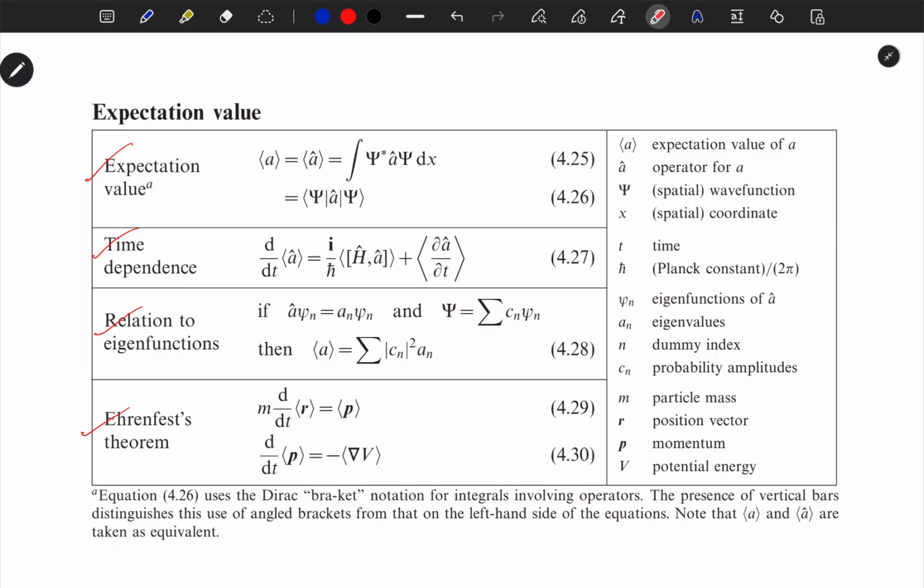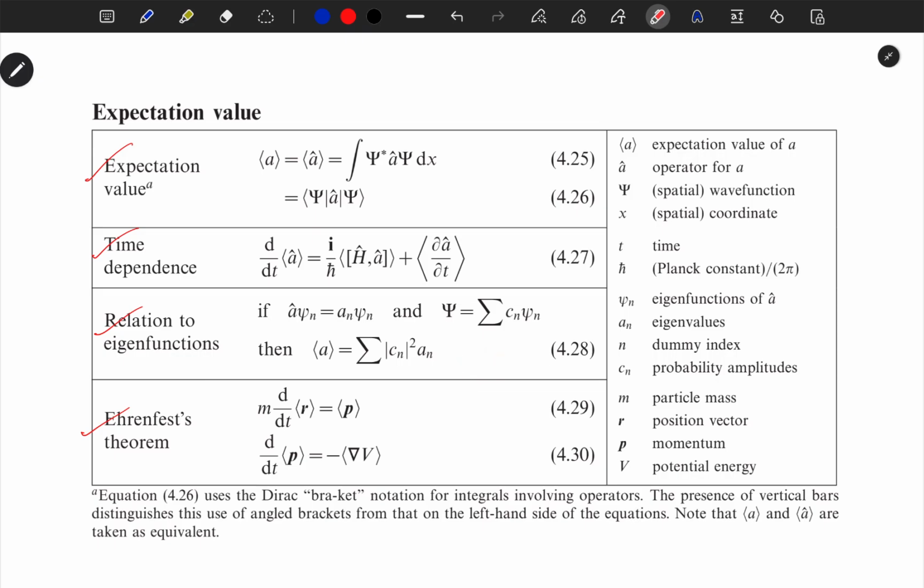Time dependence of that expectation value, the change of the expectation value of A, so dA by dt, will be the expectation value of delta A by delta t plus i over h cut times the expectation value of the commutator of H with A. For an eigenfunction, A operating on psi n gives some constant A n times psi n, and the expectation value of A will be the sum of Cn square times An.